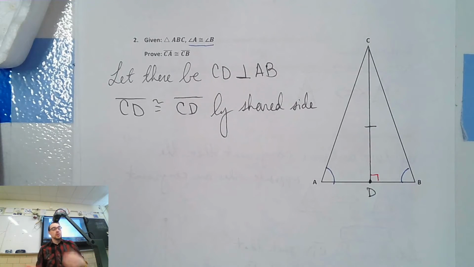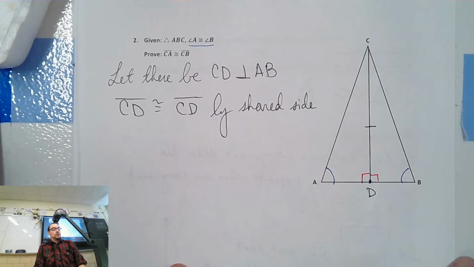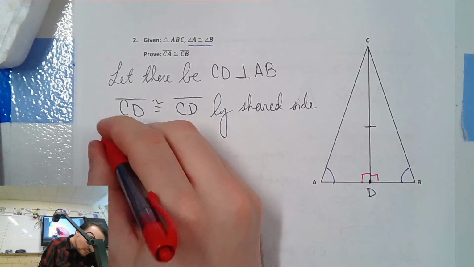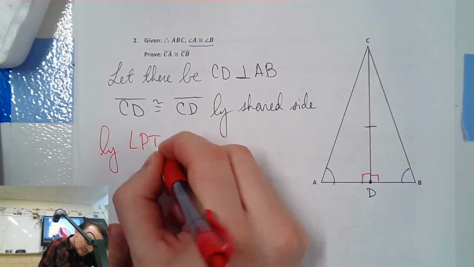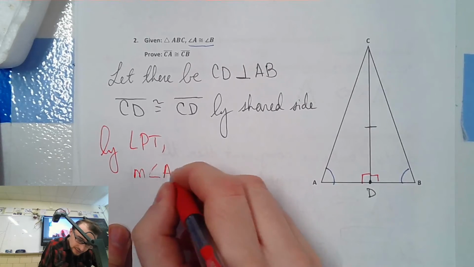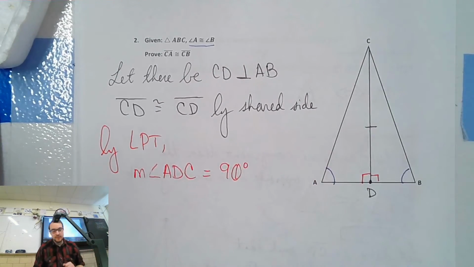Then we're going to say, honestly, you could use the linear pair theorem to say that this is also 90. Or you could just say, hey, I made it 90 degrees, we're good to go. So it's up to you. By LPT, measure of angle ADC equals 90. And now we have enough to prove the triangles congruent.